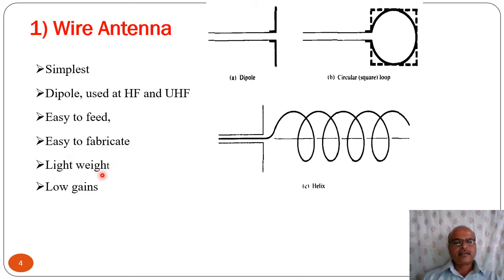They are also lightweight and have low gain. These are some advantages of wire antennas. Dipole antenna, circular loop antenna, and helix antenna all come under wire antennas.